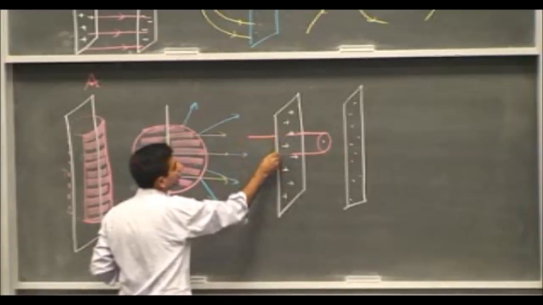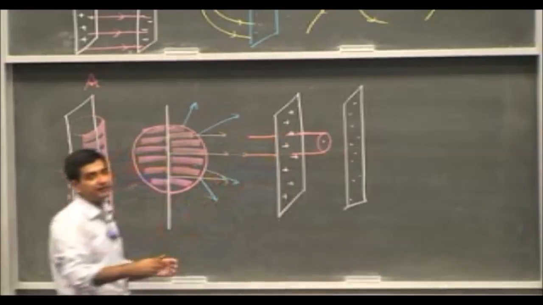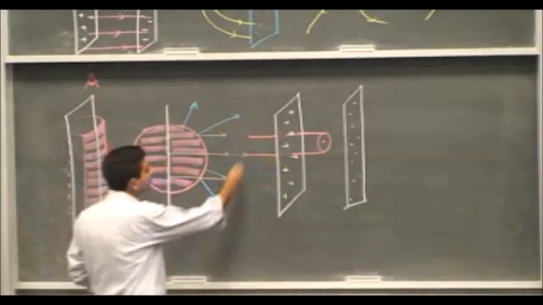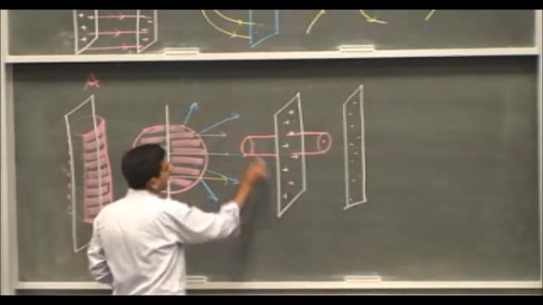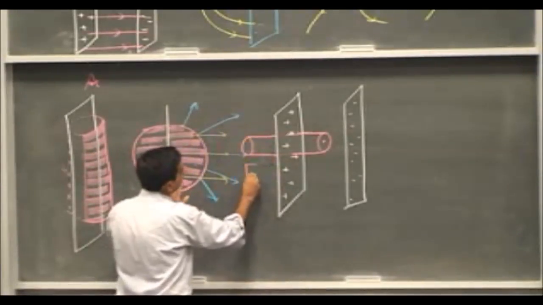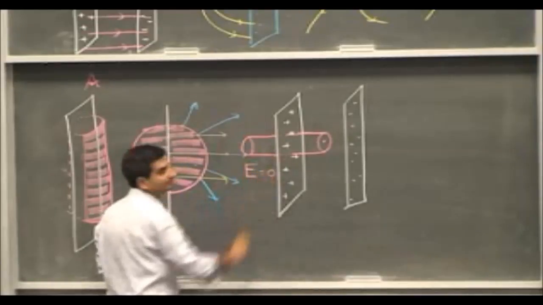And then the sheet goes, and then this Gaussian surface goes to the other side, and then there is another end cap here. In this region, the electric field everywhere is 0.